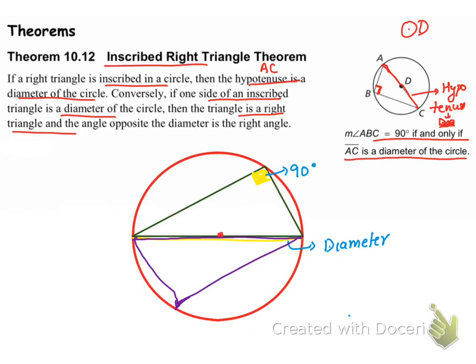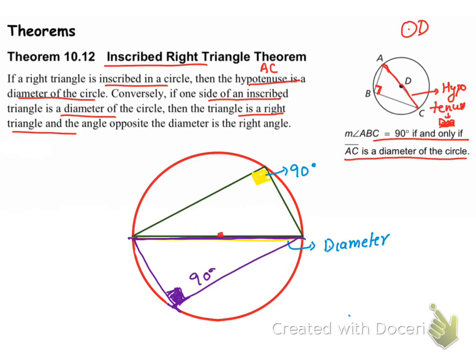So if I have another inscribed polygon and it touches here, and I know this is a diameter, then it's obviously going to be a right triangle. This angle is going to be 90 degrees. So you should keep in mind, a triangle in a semicircle is going to be a right triangle. So this angle is always 90 degrees. That's the inscribed right triangle theorem.